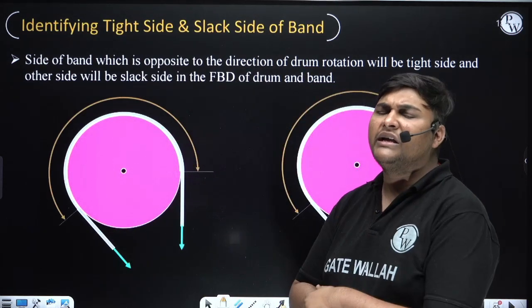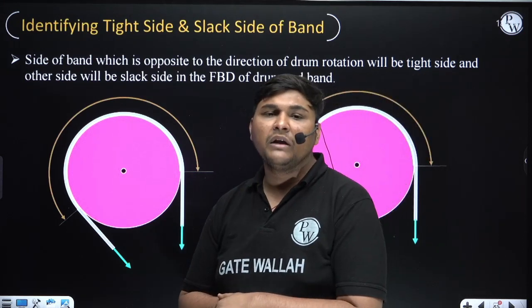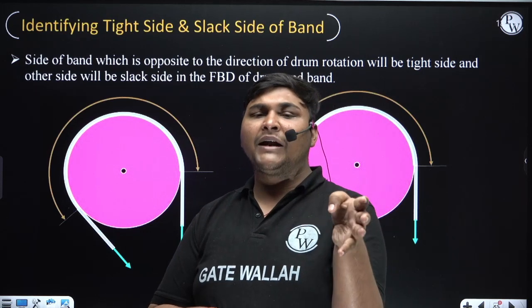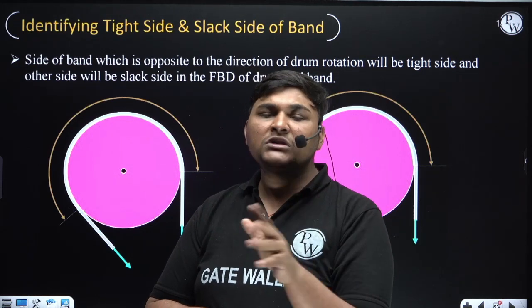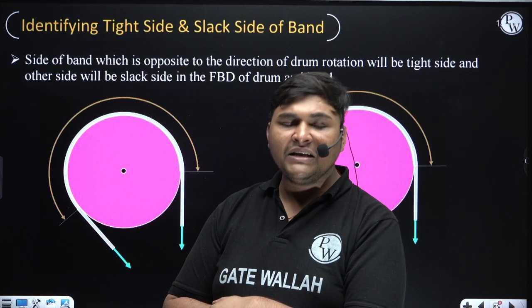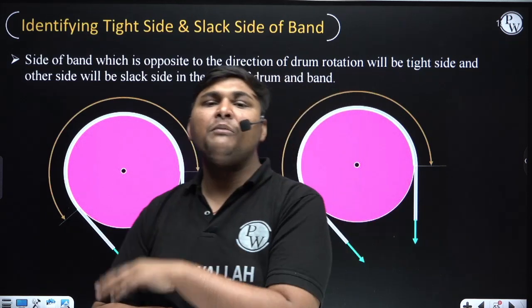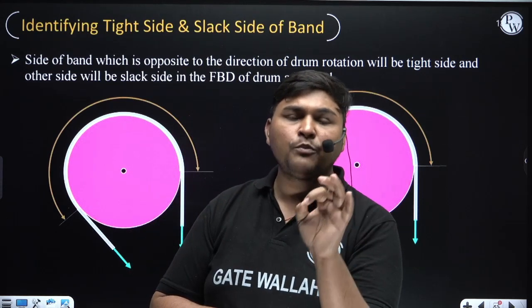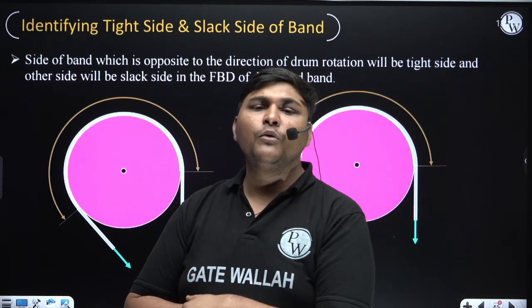This thing you already studied in engineering mechanics also. If any band or rope is wrapped over a pulley, and both sides of the band or rope are in tension, if there is no friction between the rope and the pulley, then the tension of both sides will be the same.